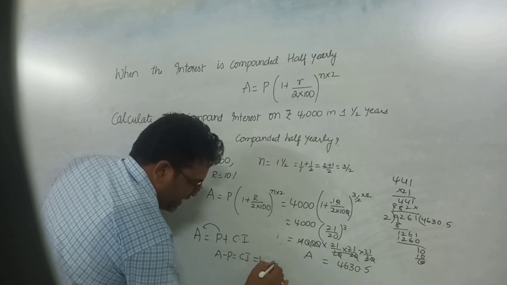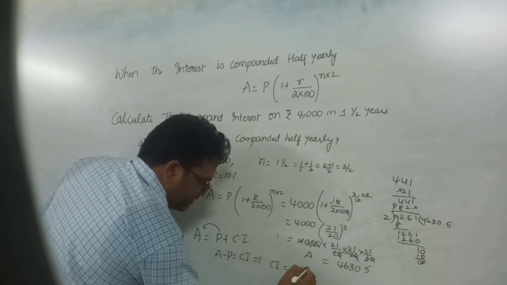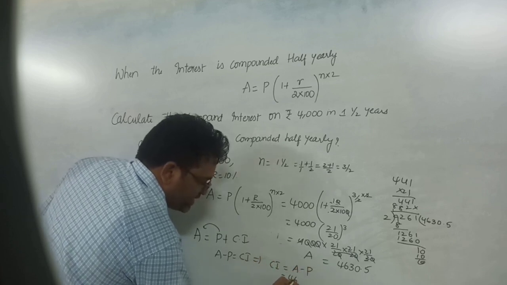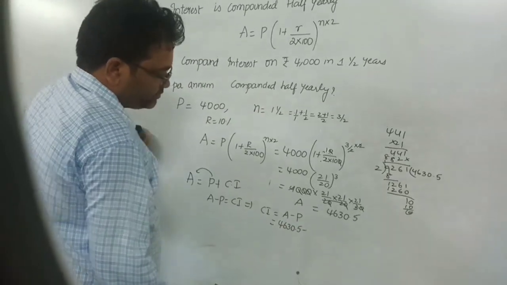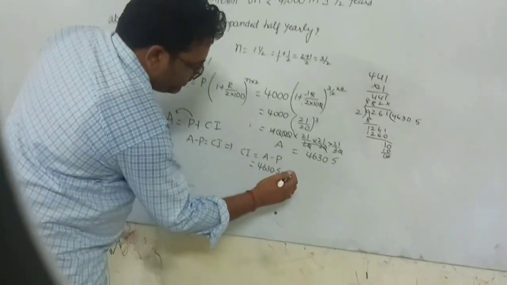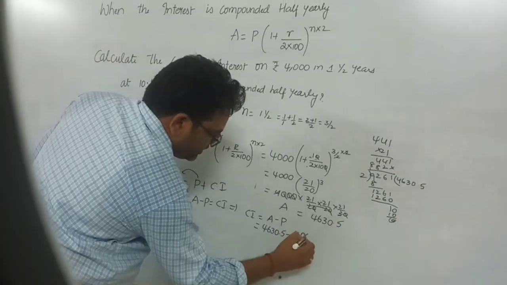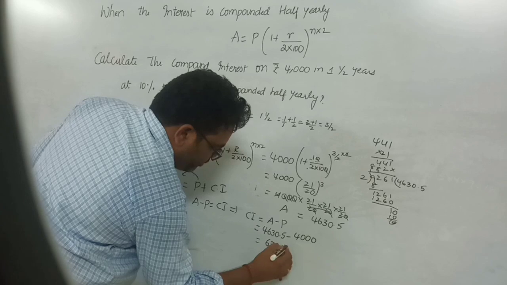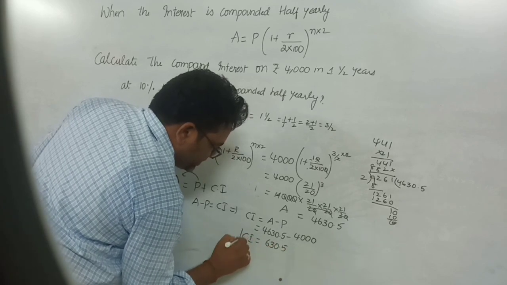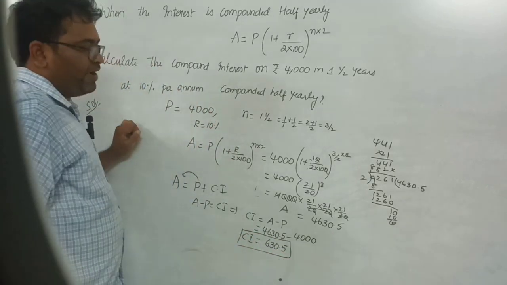The CI is equal to A minus P. A is 4630.5 minus the P value, which is 4000. Now we get the remainder, 630.5. So the compound interest is 630.5.